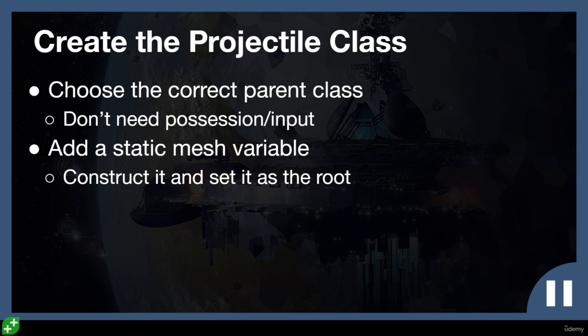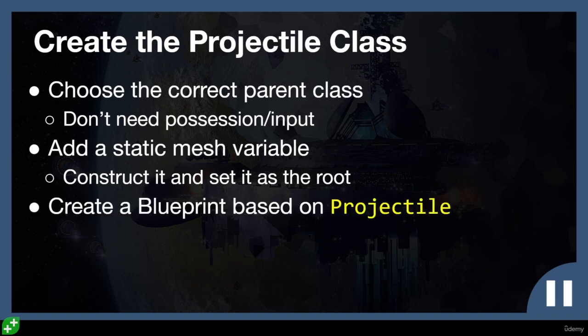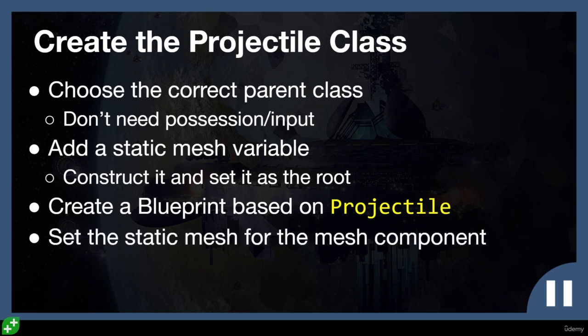Construct it in the constructor using CreateDefaultSubobject and set the static mesh as the root component. Once you're done, go ahead and create a blueprint based on this projectile class, and in the blueprint, set the static mesh property for the static mesh component. Pause the video and create the projectile class now.